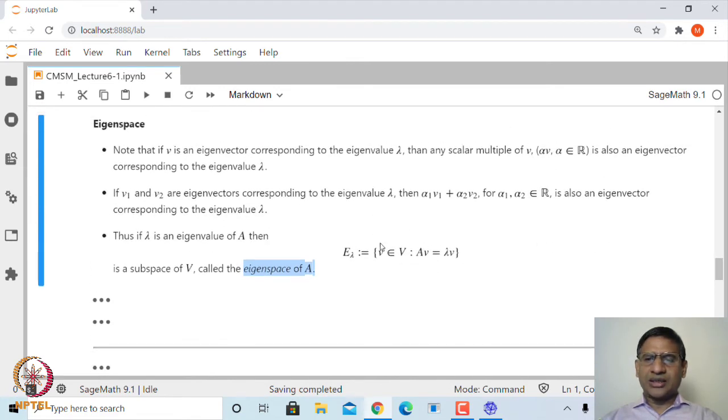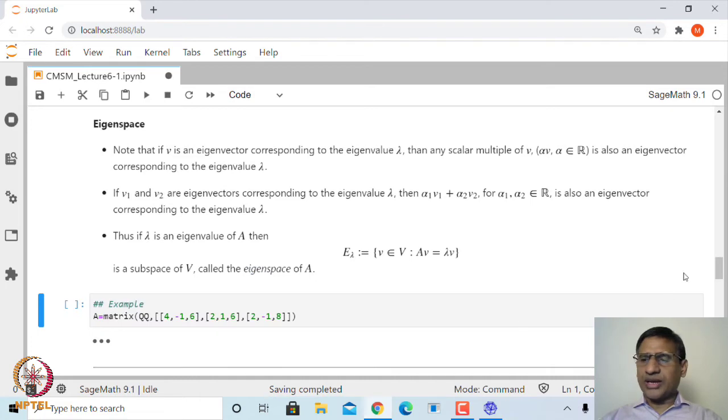Every vector inside this E lambda, if I apply A to it, will stay inside E lambda. It also means that E lambda is invariant under A. So, you can define a linear map A from E lambda to itself, just taking V to AV, right. That is why we say that E lambda is invariant under A.